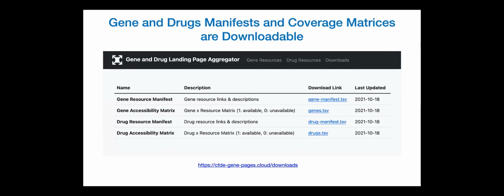The Downloads tab provides access to the manifest of gene and drug resources, as well as matrices that describe specific gene and drug availability across all resources. These matrices were generated by querying many gene and drug terms in each resource and will be updated periodically.